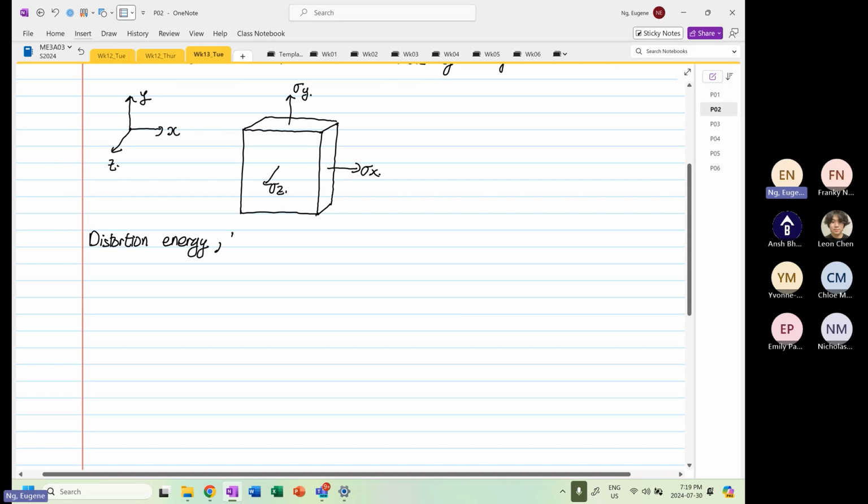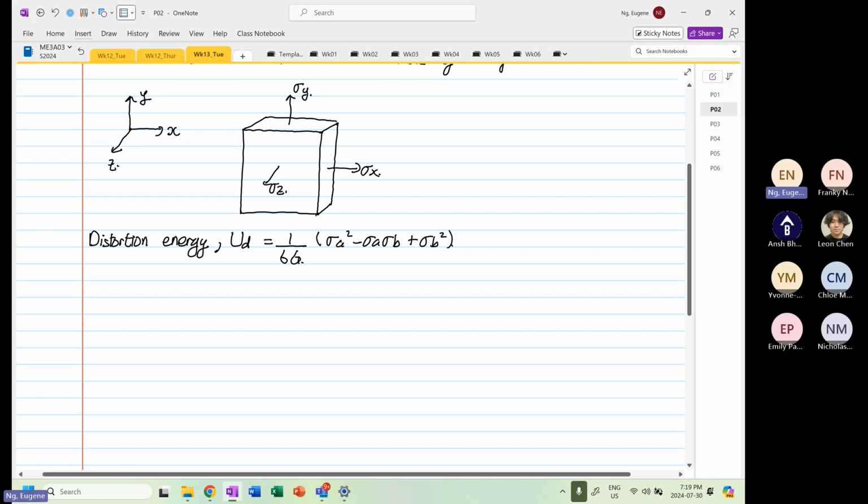So the distortion energy, which is U_d, capital U and small d, is equal to 1 over 6G times the bracket of stress A squared minus stress A times stress B plus stress B squared.